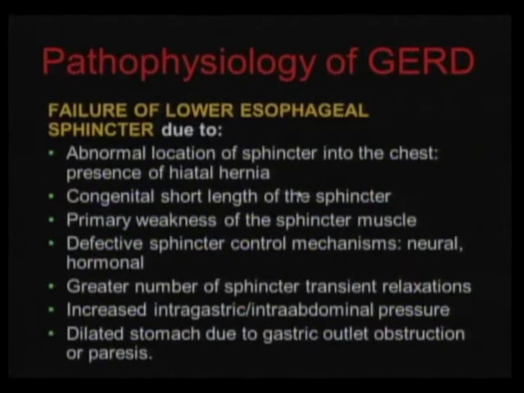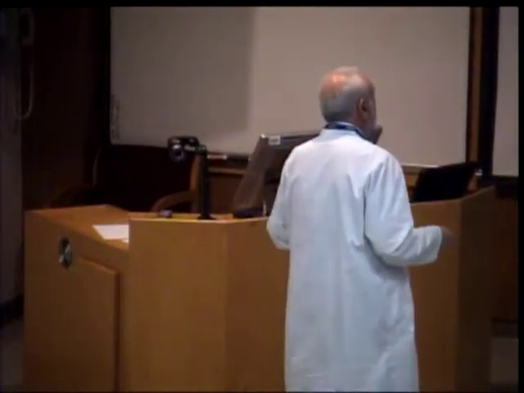Sometimes there is a congenital short length of the sphincter, could be some primary weakness, okay, of the sphincter muscle, or a defective sphincter control mechanism, okay, with a greater number of transient sphincter relaxations. It means the pressure of the sphincter by manometry is normal, but there is an increased number of transitory relaxations that produce the reflux, okay?